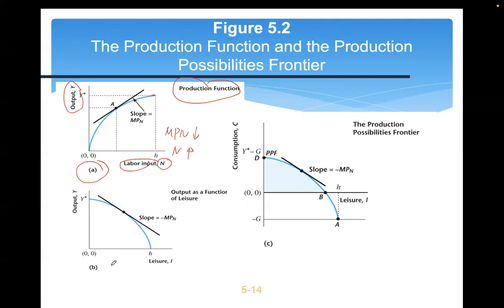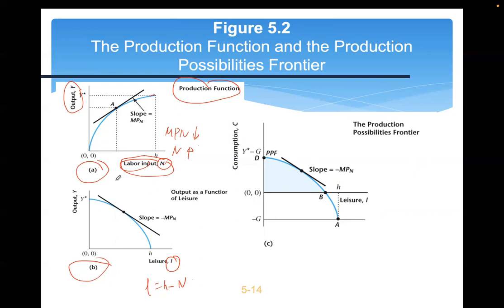Now in the bottom, you have the converted production. What we did here, essentially, is replace labor input with leisure. Now the curve starts to invert. It's very obvious why: leisure equal to H minus N. That just means the more leisure you take, the less labor you can supply.